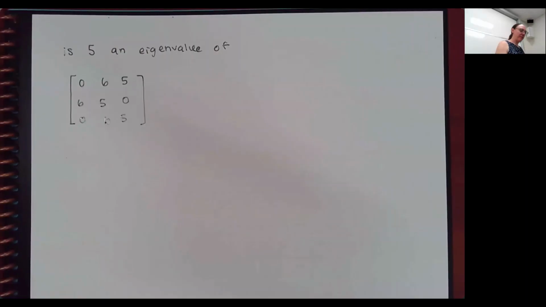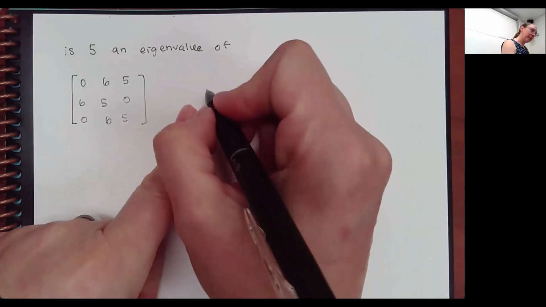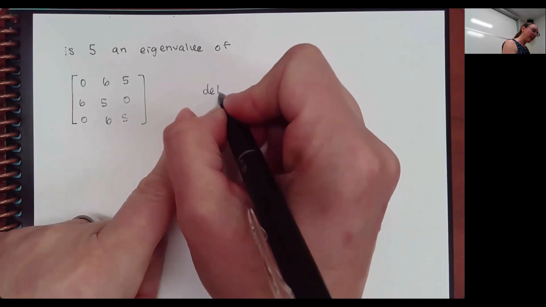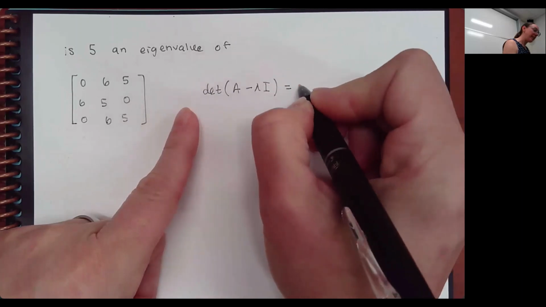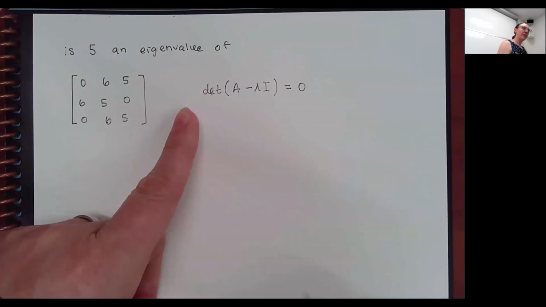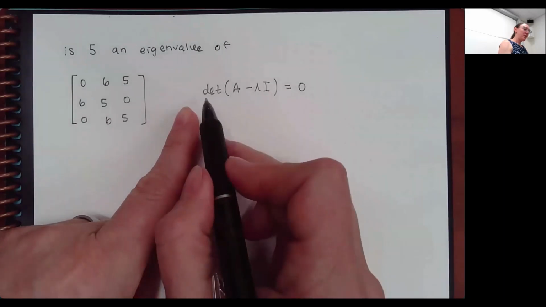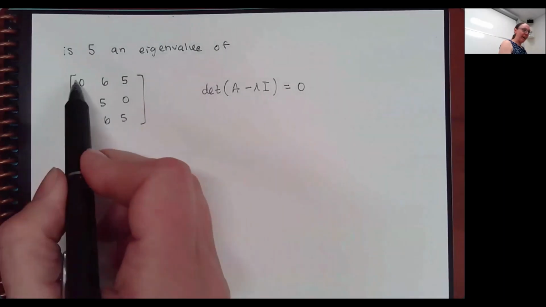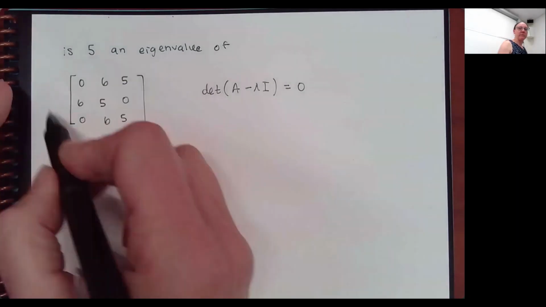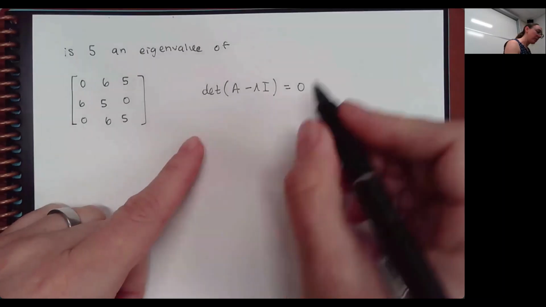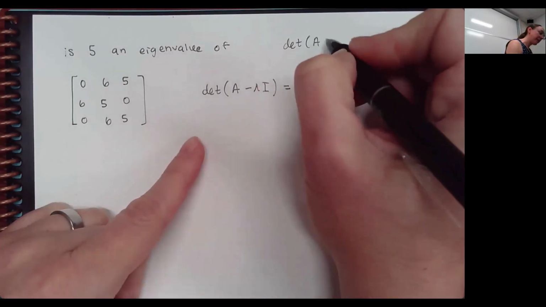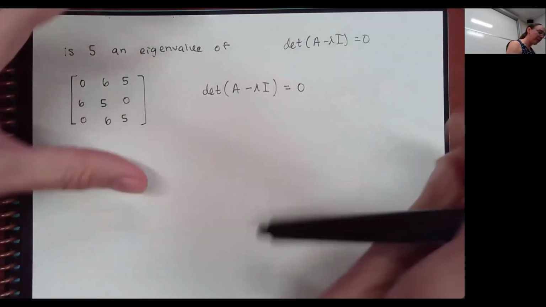What would it mean for 5 to be an eigenvalue? Well, that would mean that when I take the determinant of A minus lambda I, I should get 0. As a reminder, for a 3 by 3 matrix, the determinant of A minus lambda I needs to be equal to 0.